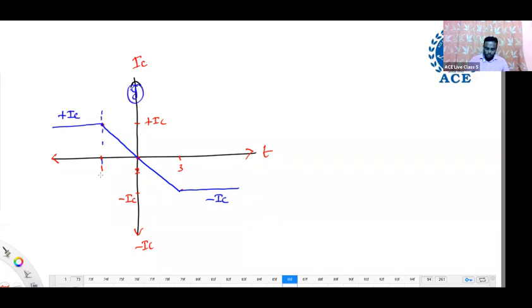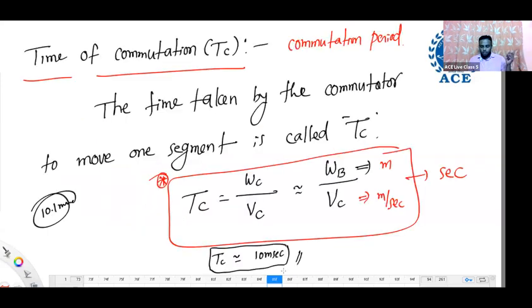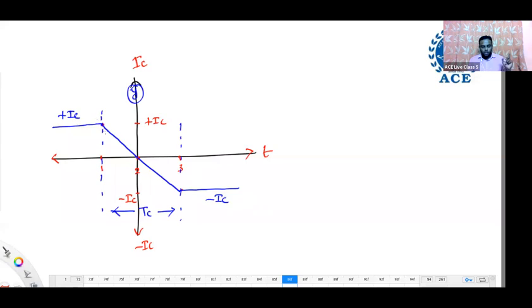The time taken by the current to reverse is called time of commutation. If TC, whatever we calculated here, 10 millisecond, and current reversal also completes in the same time, that is called ideal commutation. No spark you will get here. Based on the time taken by current reversal, we have three types of commutation.